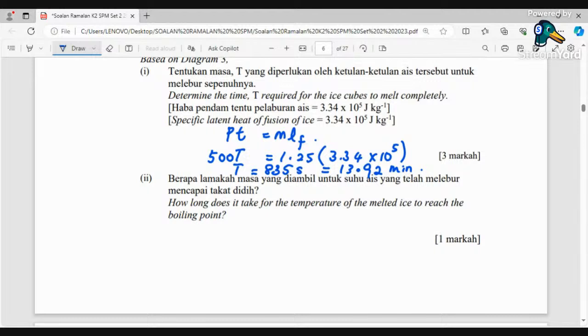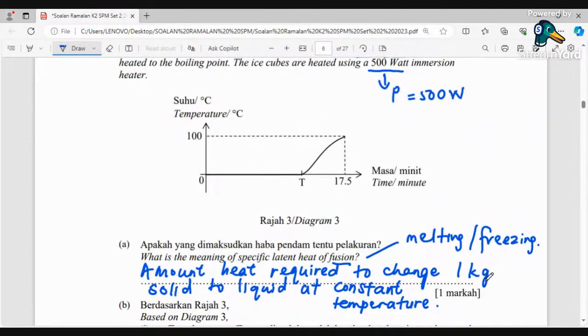Soalan 2. How long? Jangan confuse perkataan how long. How long ni maksudnya time lah, period lah. Berapa lama? Okay, berapa lamakah masa? How long does it take for temperature of the melted ice to reach boiling point? Okay, dari sini dan sini. Okay, nampak tak ini?